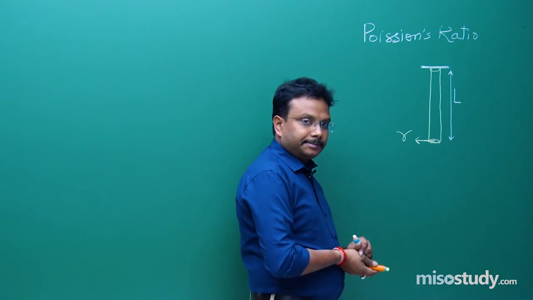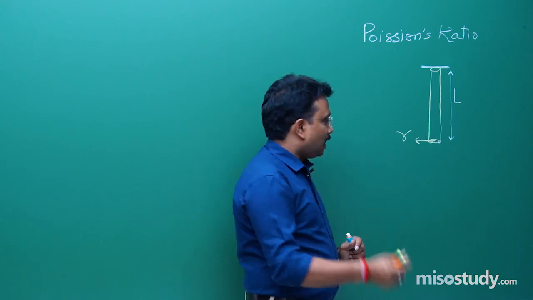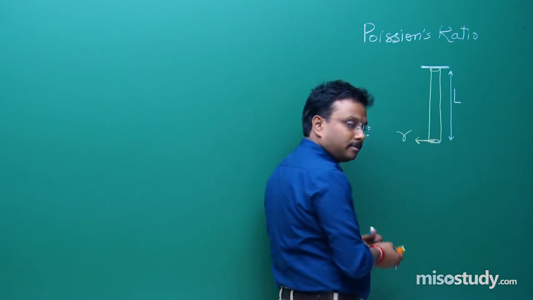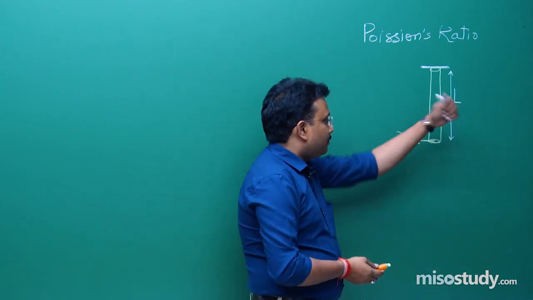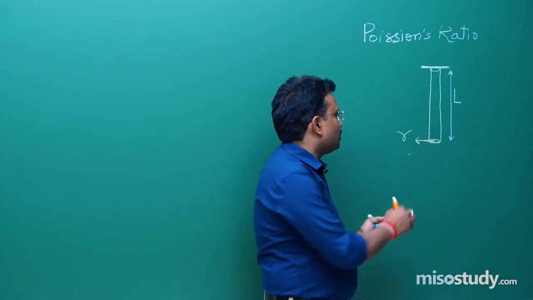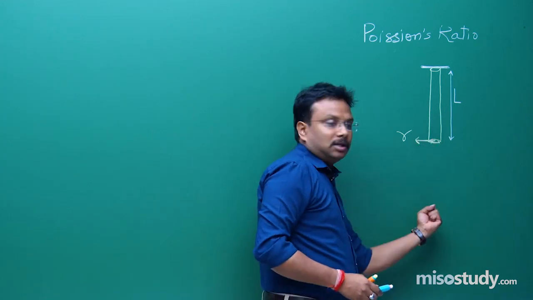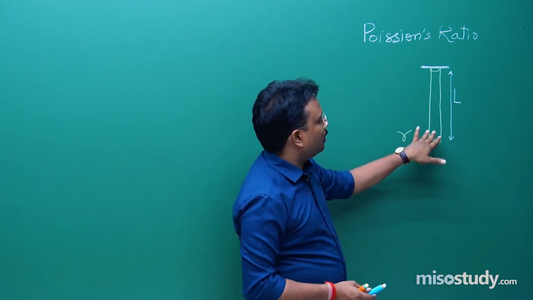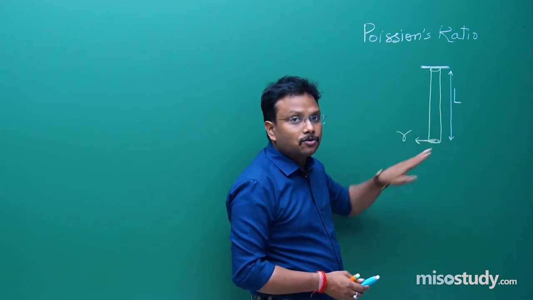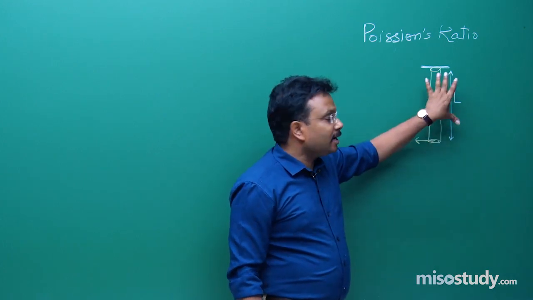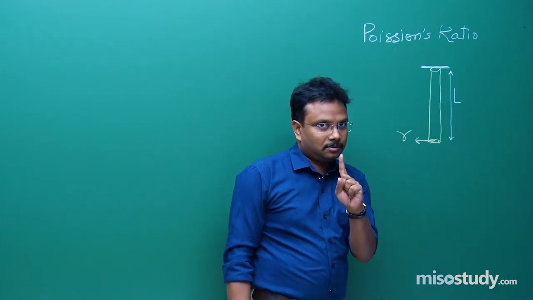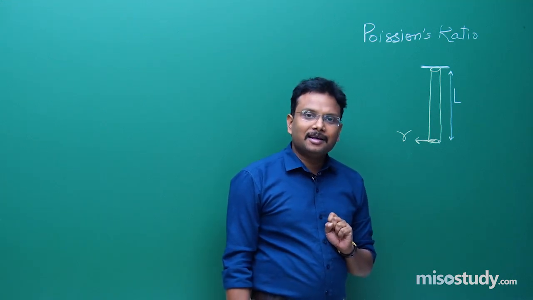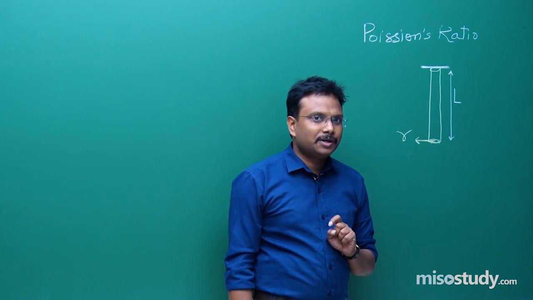Now I have some weight and the weight is hung at this end. Either we are hanging some weight or simply pulling this wire downward, ultimately putting some force at this free end. So what will happen? Length will increase, first thing, but we are missing something. If its length increases, then its radius should decrease.